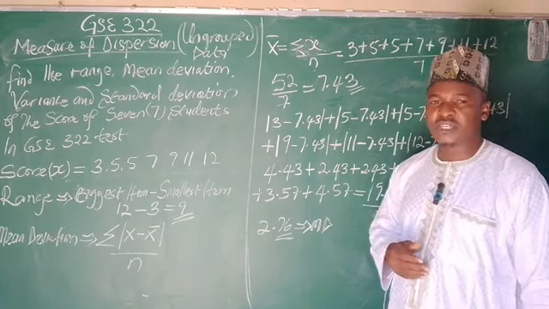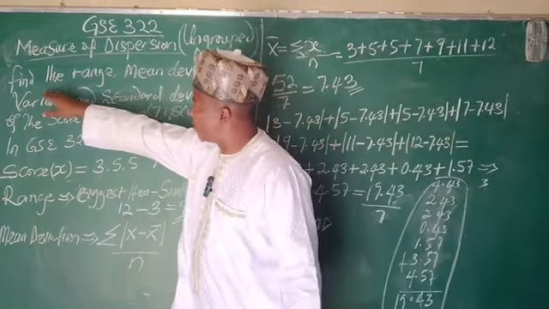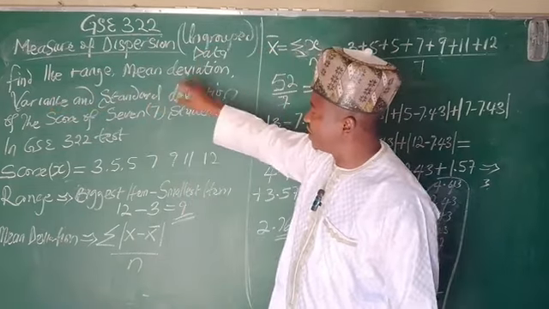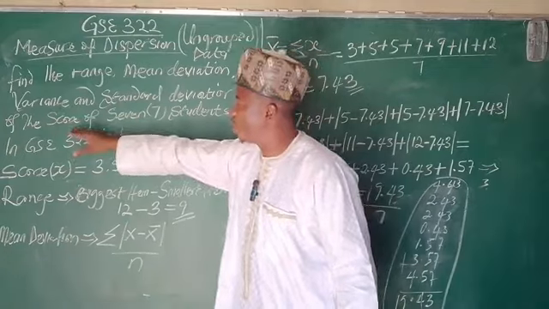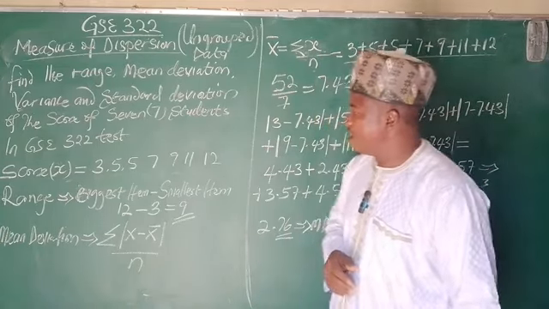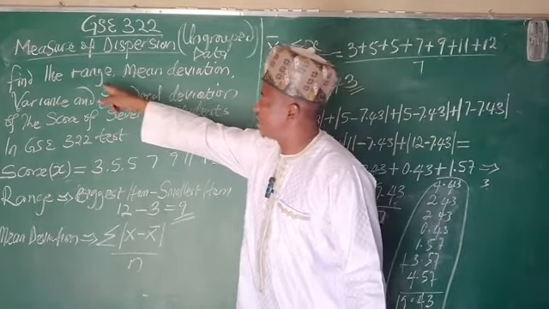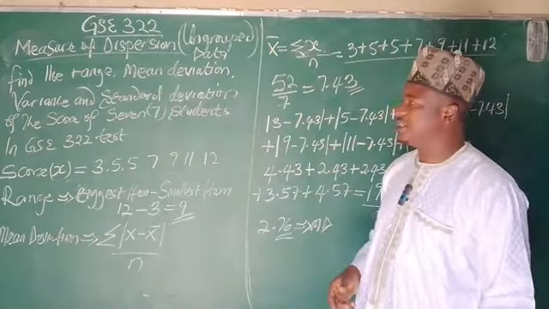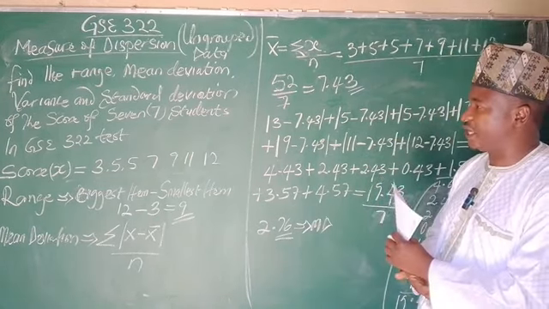We were given a question on the board in which we were asked to find the range, the mean deviation, variance, and the standard deviation of the scores of 7 students in the GSE 322 test. We were only able to find the range and the mean deviation, and we were truncated by the time allocated for the previous lecture.